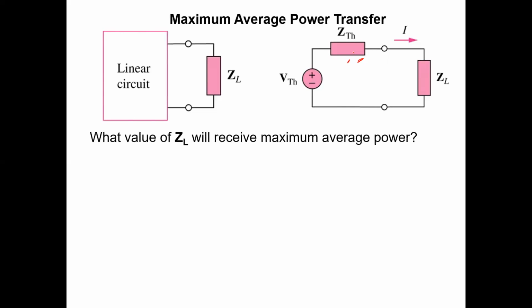Again, this is a fair amount of chicken scratch, but one thing we can see off the bat is that I here is going to be defined as V Thevenin over Z Thevenin plus ZL.